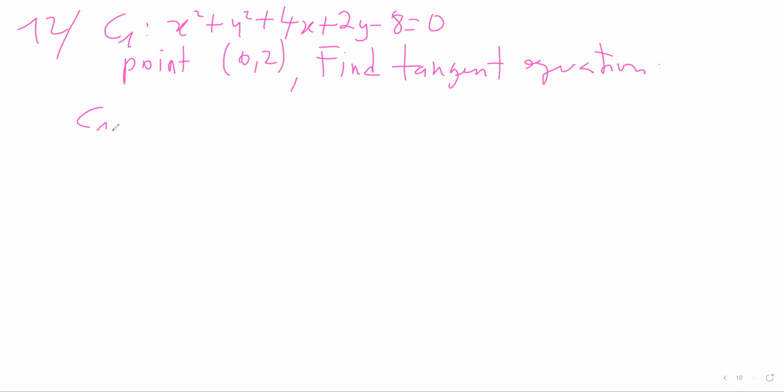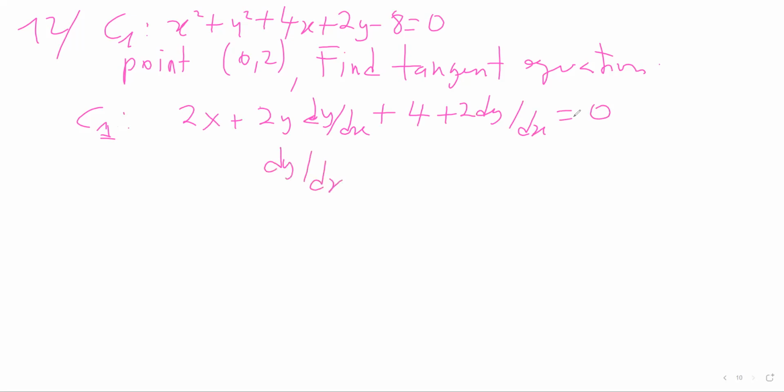So we take C1, we find the gradient from C1. That basically means find the derivative: 2y dy/dx plus 4 plus 2 dy/dx is equal to 0.